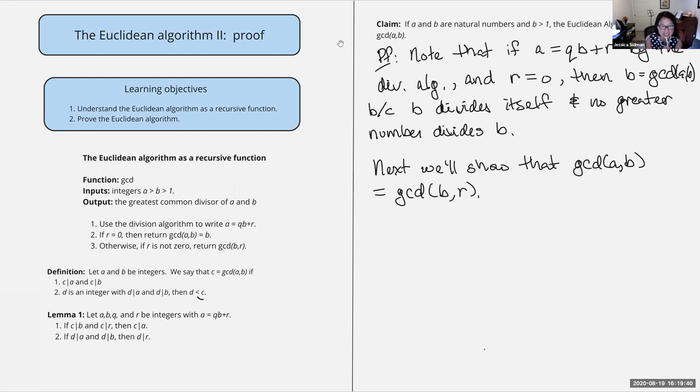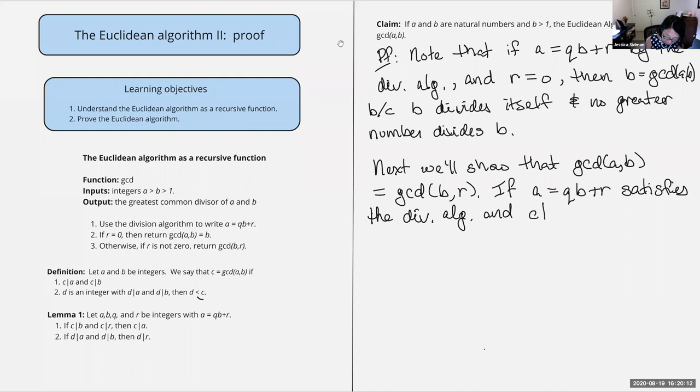The little lemma tells us that if we've written A as QB plus R, satisfying the division algorithm, and C divides B and C divides R, then C divides A.